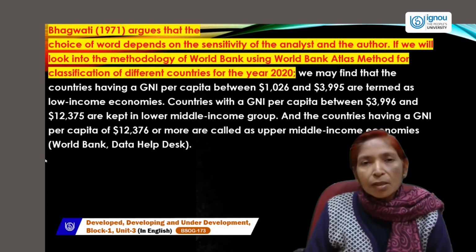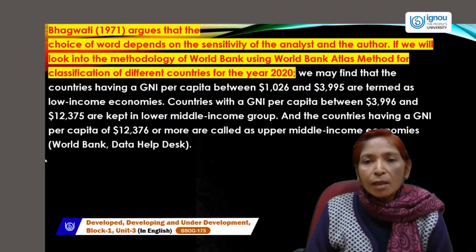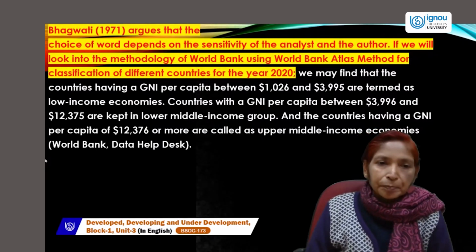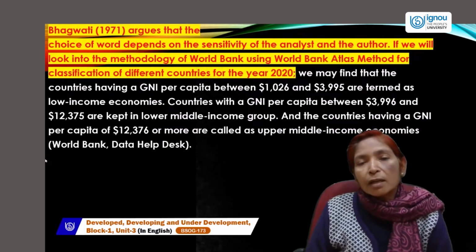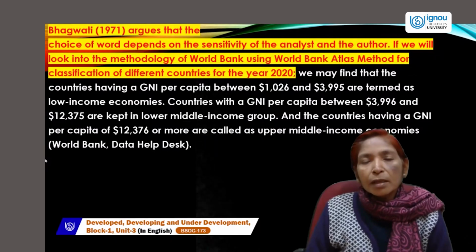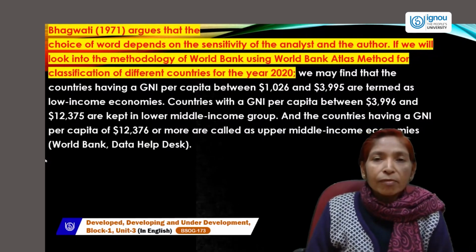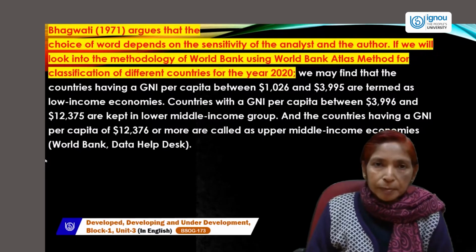Those countries whose gross national income lies between $1,026 to $3,995, that type of countries are called low income countries. And countries with a GNI per capita between $3,996 and $12,375 are kept in the lower middle income group.